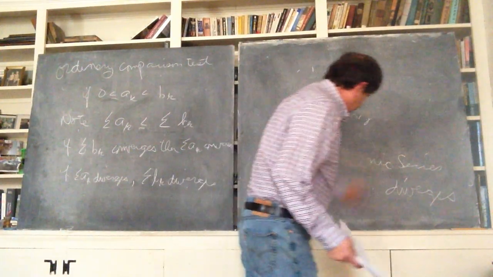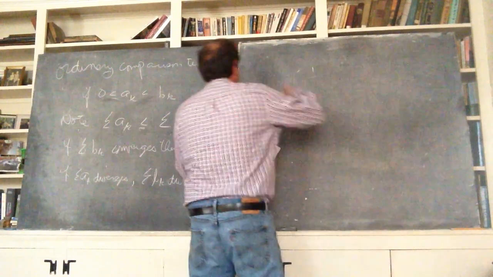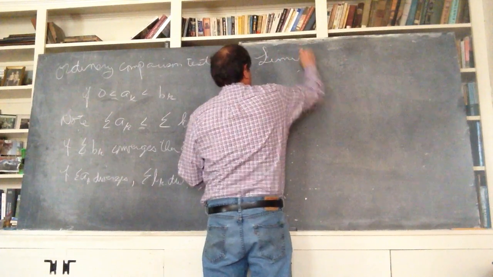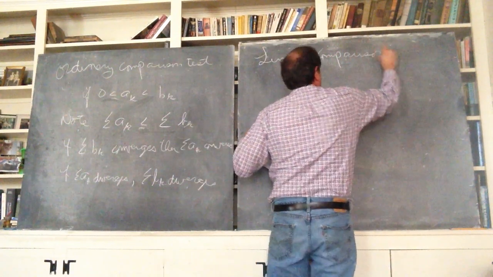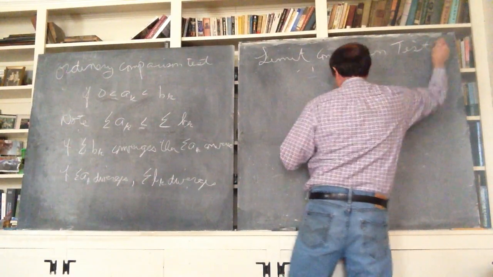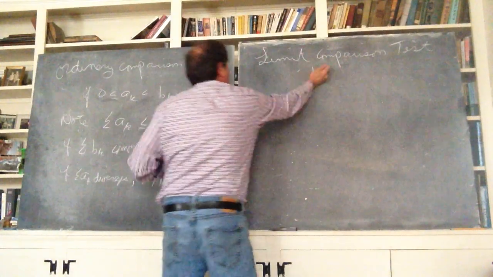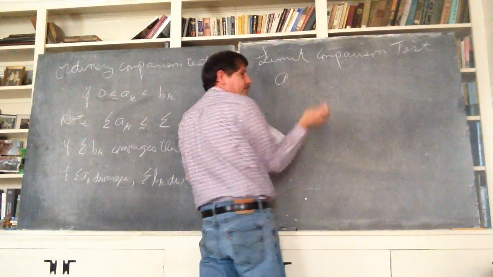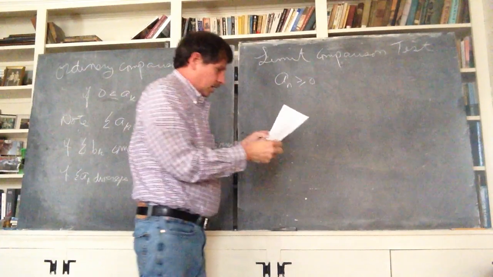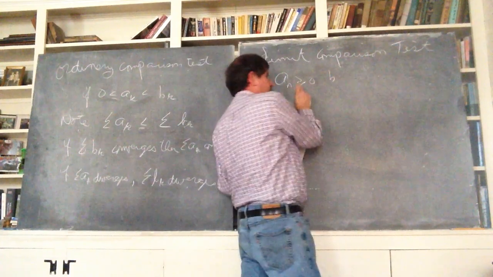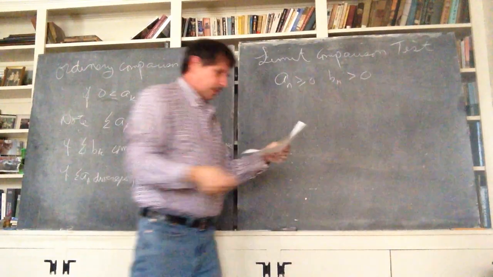Here are brand new ones. There are 2 of them coming. One is called the limit comparison test. In the limit comparison test, you have members of a sequence a sub n greater than or equal to 0, and b sub n strictly greater than 0, because that's going to be a denominator.